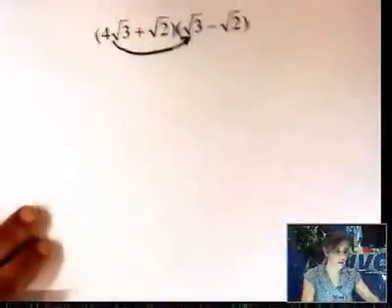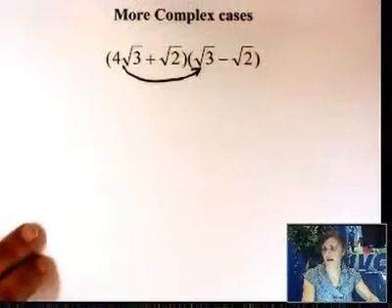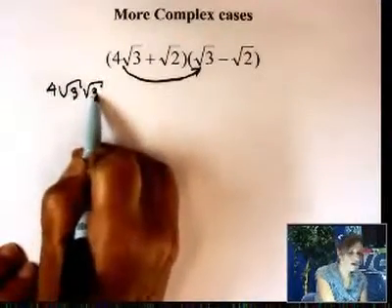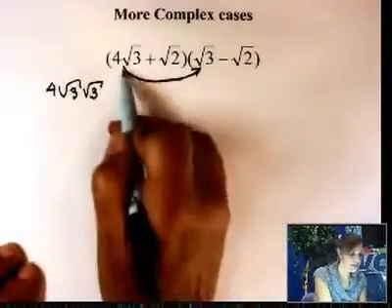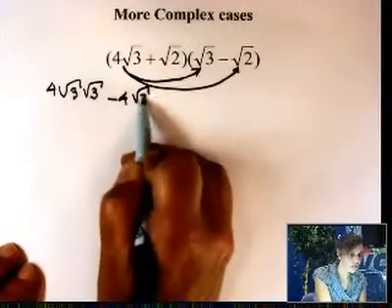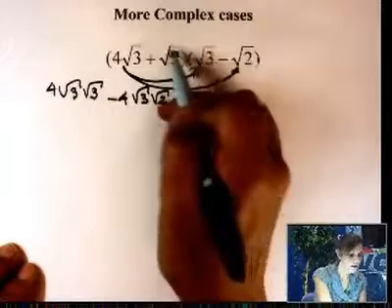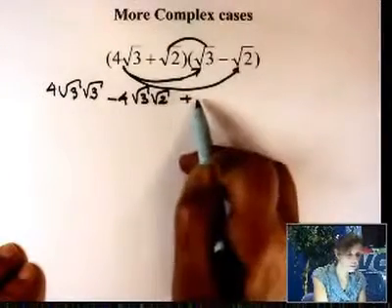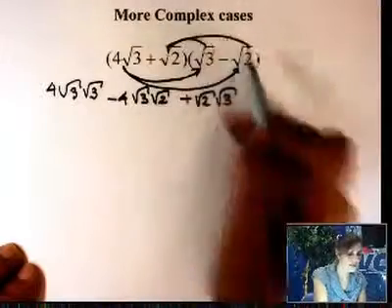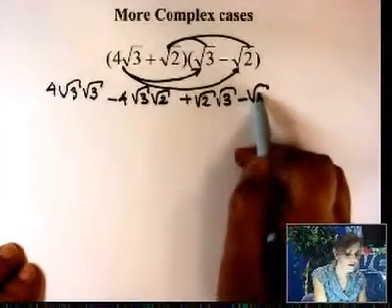The first one is 4 rad 3 rad 3. I'll write every step. The second one, minus 4 rad 3 rad 2. This one is plus rad 2 rad 3. Last one is negative rad 2 rad 2.